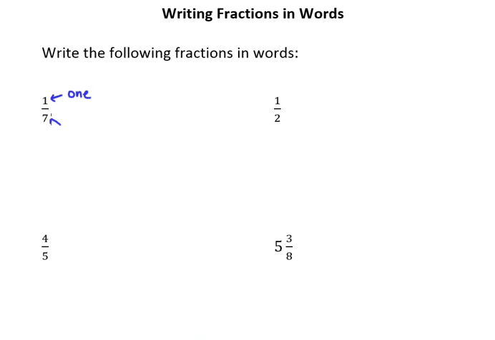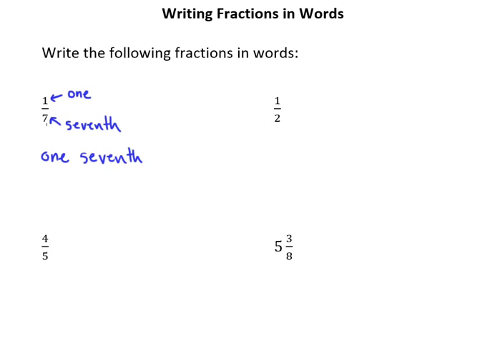Now the bottom number, however, you are going to read or write as you would if you were describing the place that you got in a race. So you would say seventh. So you're going to add a th to the end, like you're saying I got seventh place in a race. And so the way we would write this out in words is one seventh.